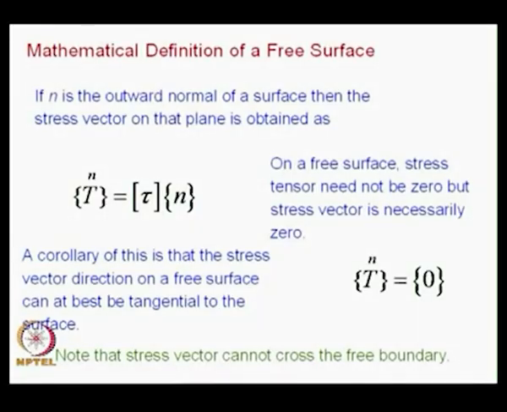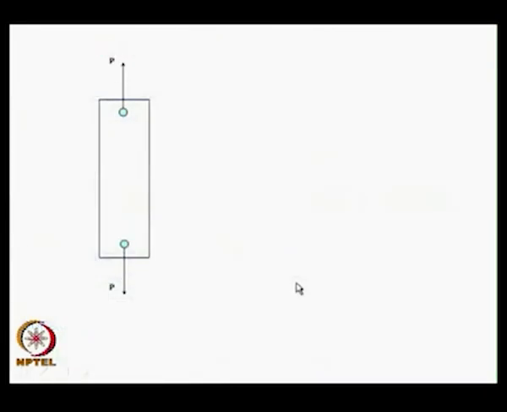That is the reason why on the top and bottom surfaces of a beam under bending, shear is 0. So, shear cannot cross a free boundary is only a particular case of a generic result that the stress vector cannot cross a free boundary.